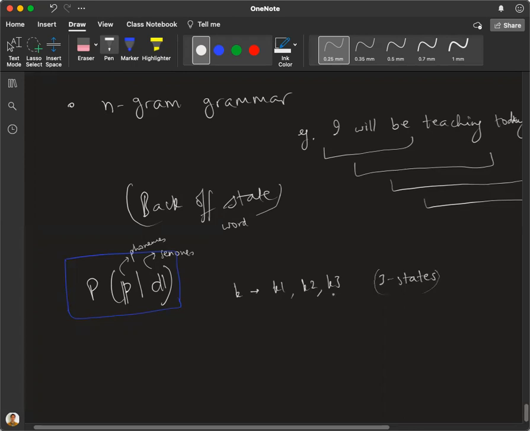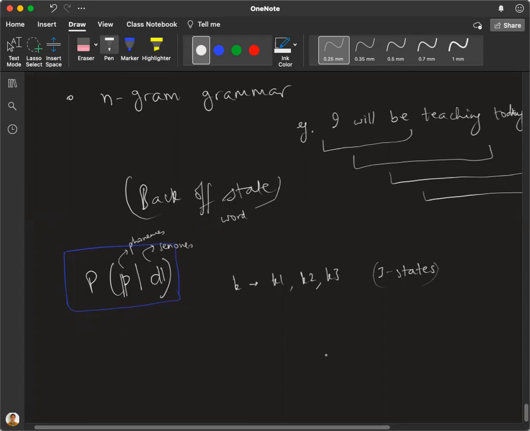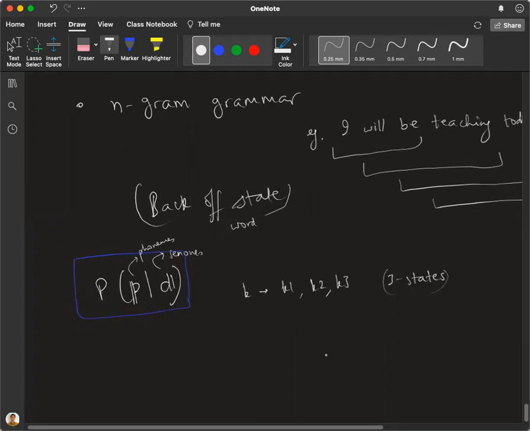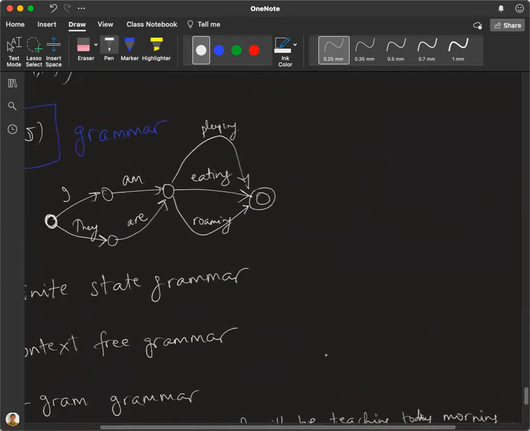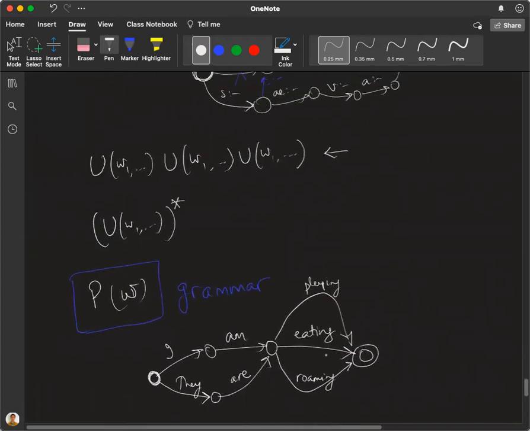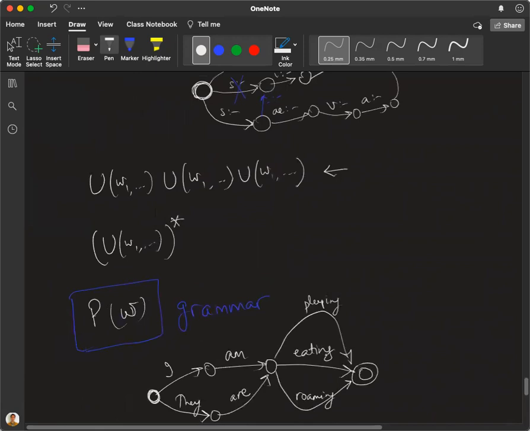I use three states to model each phoneme. Before we move on, let me come back to our example, our tutorial, our project problem.